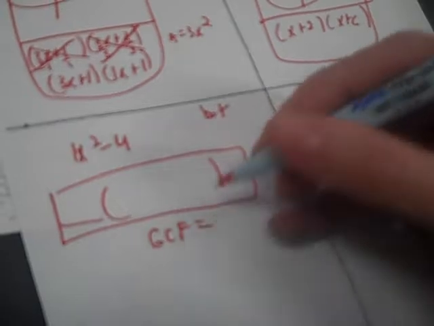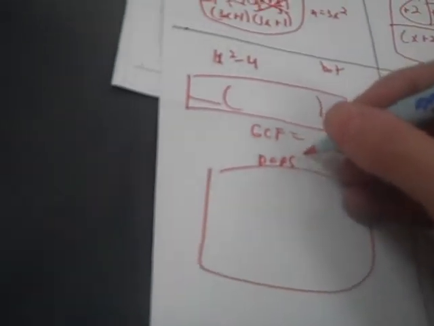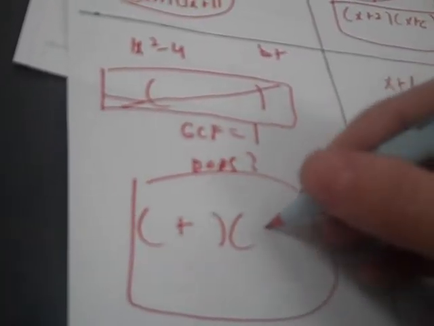There's 2 terms here, so I'd be looking for the GCF. And then I will see if I have a difference of perfect squares. GCF, negative is not needed. The x is not needed. 1 and 4 is 1. DOPS. Well, 4 is 2 times 2.